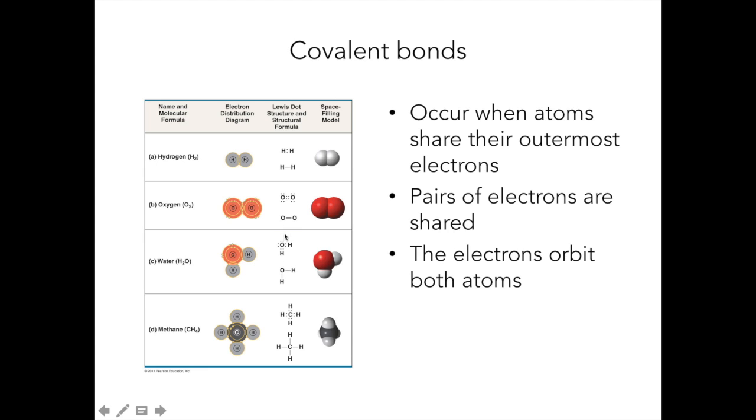Again, oxygen wants to share 2 pairs of electrons, form 2 covalent bonds. So it does that with 2 different hydrogen atoms. Remember, hydrogen only wants one electron to complete its valence shell. So it's going to share one of its electrons with an oxygen atom, and another hydrogen atom is going to share one of its electrons with the oxygen atom. And that's how you have H2O.